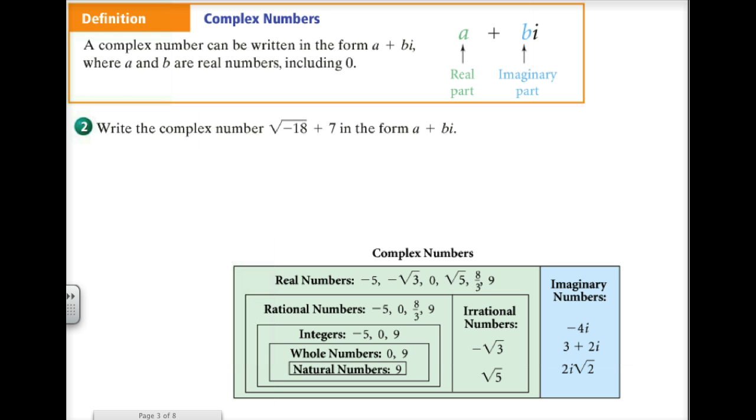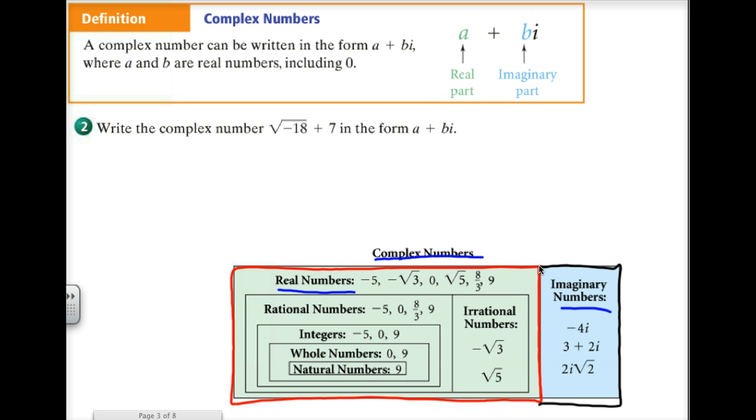Now, the complex numbers consist of real numbers and imaginary numbers. The real numbers, I'm going to outline in red. These are all of the types of numbers that you knew before this chapter, and today we are going to add imaginary numbers.